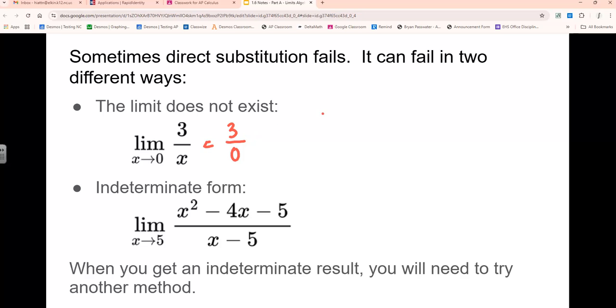So if you get, if direct substitution gives some number other than 0 over 0, the limit does not exist.